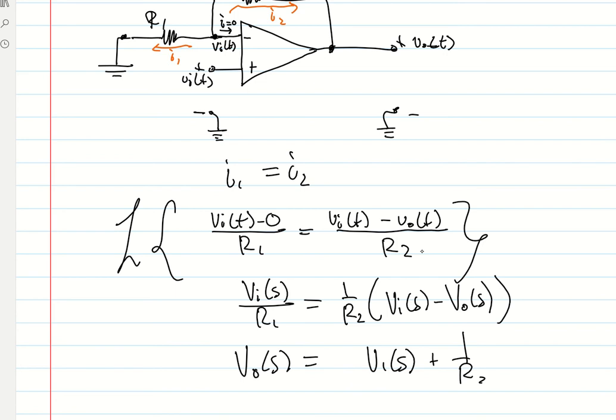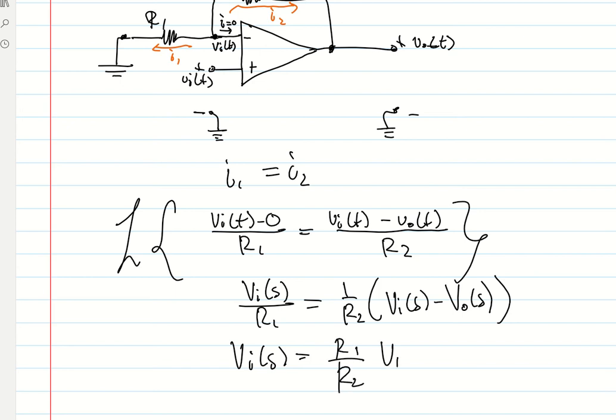Or wait, this should be cross multiply, so this should be R1 over R2 times V in, or let's just make it one by one. So V in, this will be R1 over R2 cross multiply times V in minus R1 over R2 times V out.